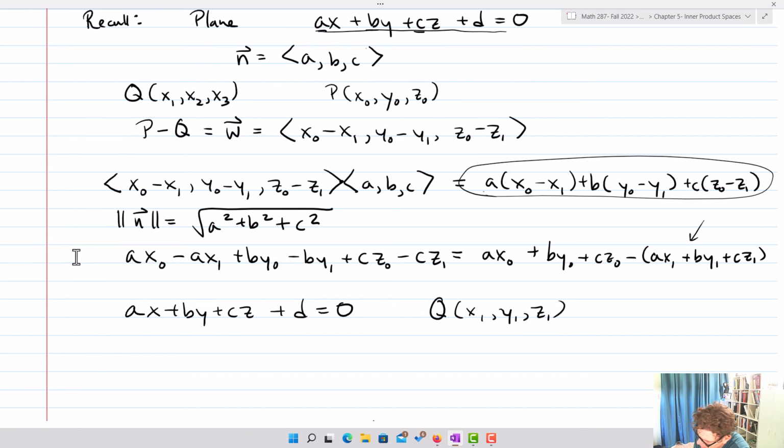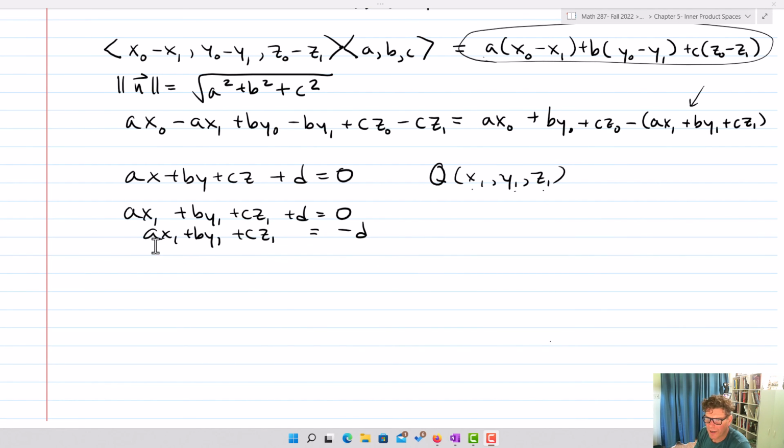So I'm going to plug in x1, y1, z1. I get ax1 plus by1 plus cz1 plus d equals 0. So that means that negative d is going to equal ax1 plus by1 plus cz1.